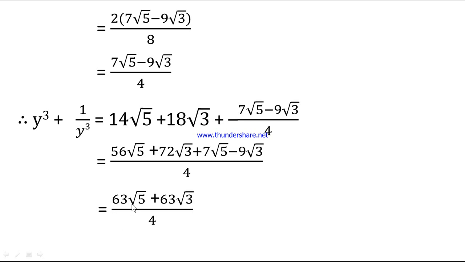And here we have to keep 63 by 4 common, and the remaining part will be root 5 plus root 3. Short.